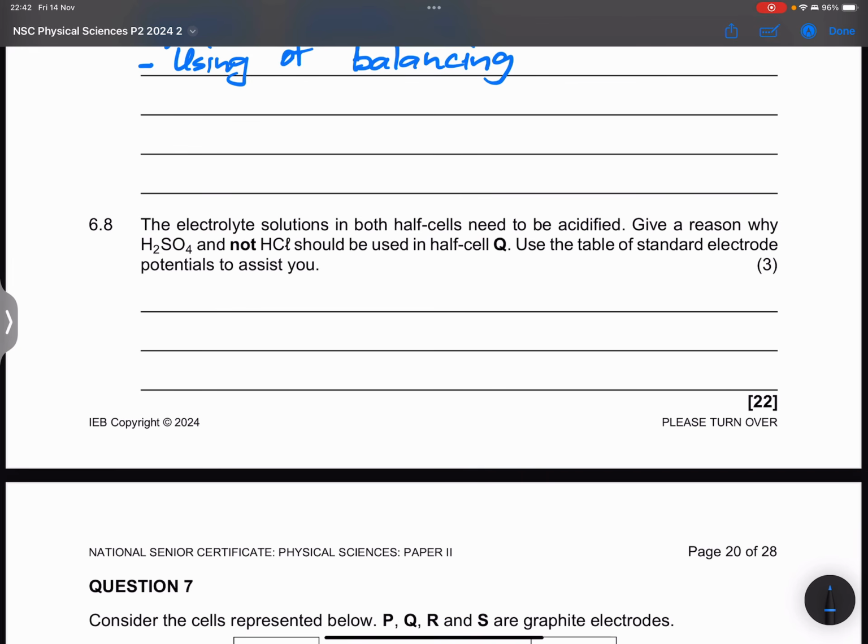Okay. Right. So if you look at your standard potential table, particularly the one that I'm using, Cl is right at the top there, right? So Cl minus will be oxidized, right?